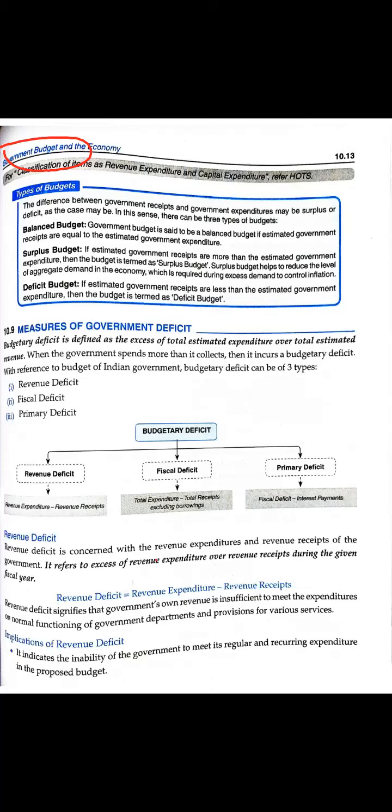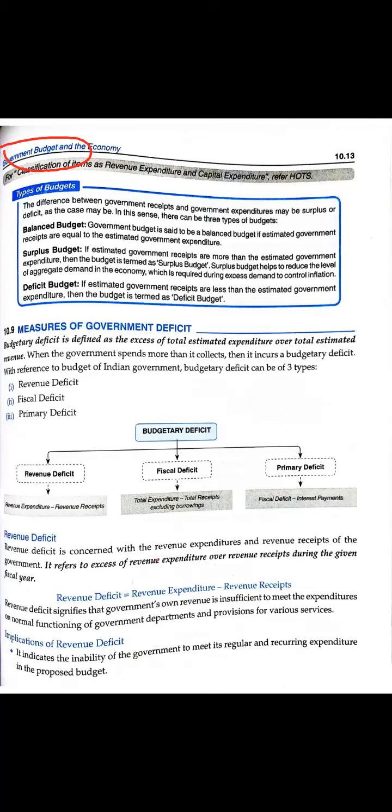So when the government spends more than it collects, then it incurs a budgetary deficit. For example, in many developed countries their revenue will be less, but the expenditure will be more. Even in the last class I shared one image which states that in Gujarat for constructing the Sardar Vallabhbhai Patel statue, we have spent 3,000 crore, and for the PM office 700 crore.